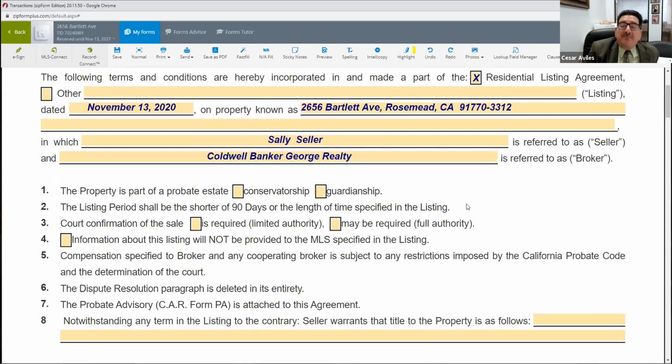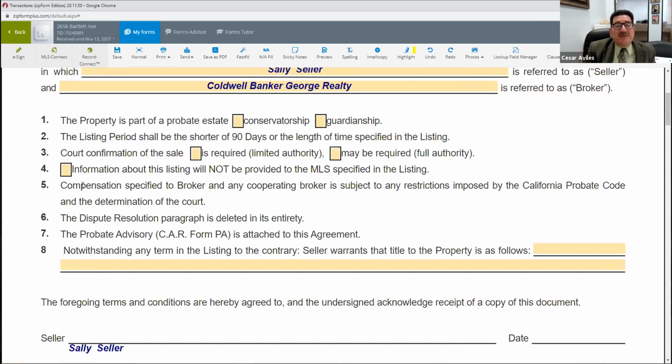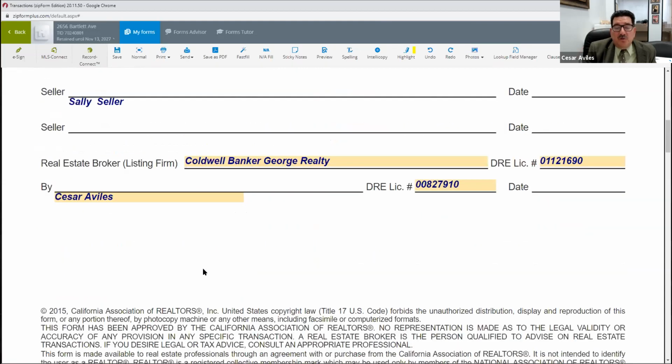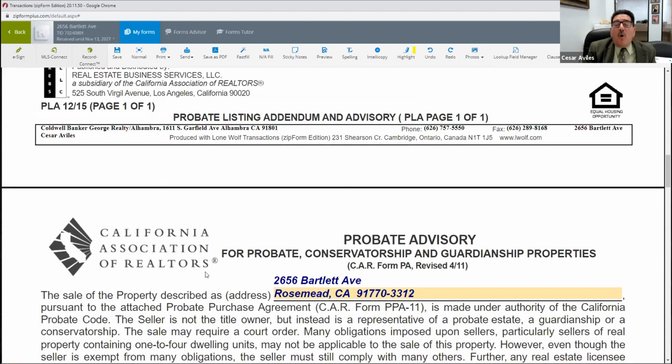On a probate, you cannot take a 6-month listing. By law, it's a 90-day listing. Sometimes you require court confirmation, sometimes you do not, right? Some of this information will be given to the MLS. So you have to follow the rules of the probate court.